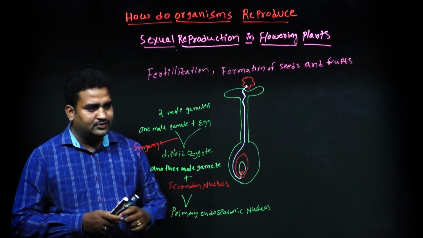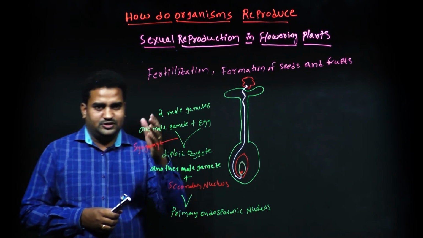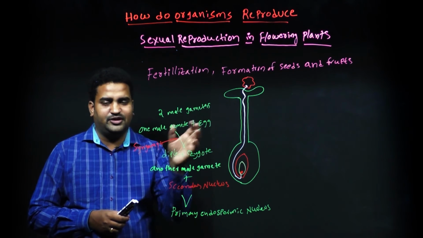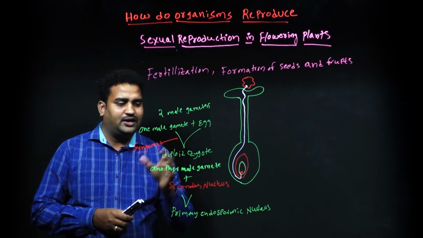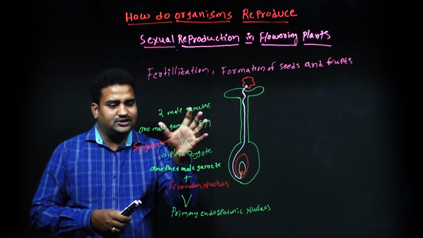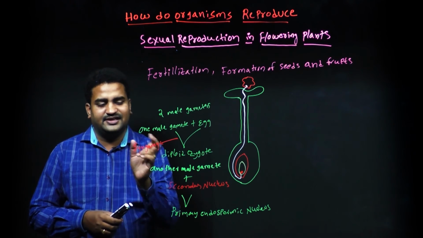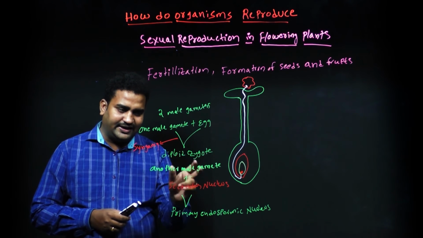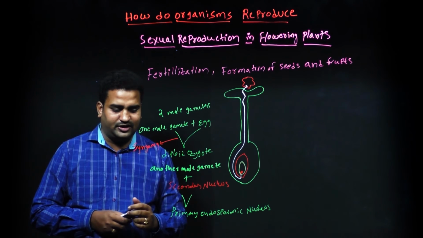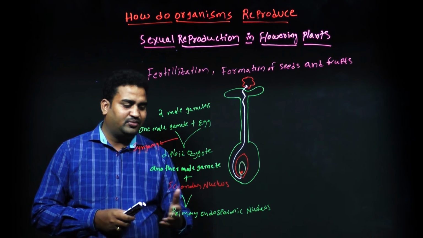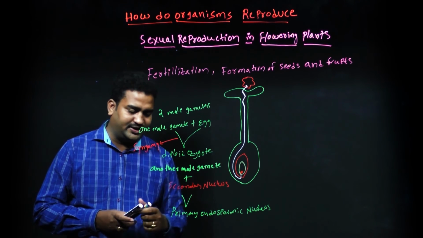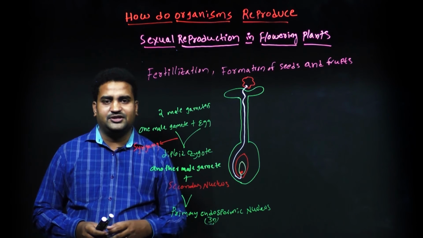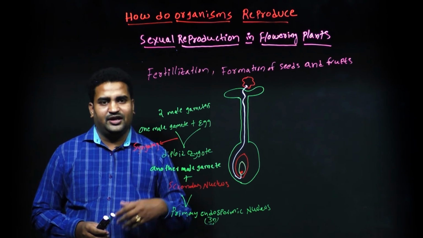So this pollen tube releases two male gametes. One male gamete fuses with the egg and forms the zygote. This fusion is known as syngamy, and that results in the formation of the zygote. And another male gamete fuses with the secondary nucleus and forms the primary endospermic nucleus. This primary endospermic nucleus provides the nutrition to the growing embryo.